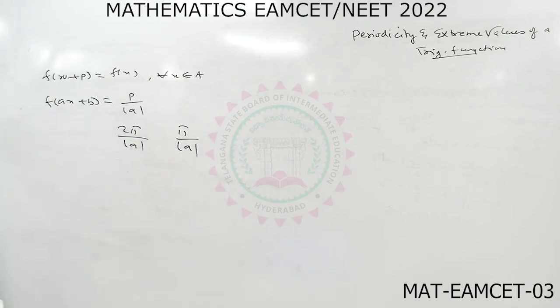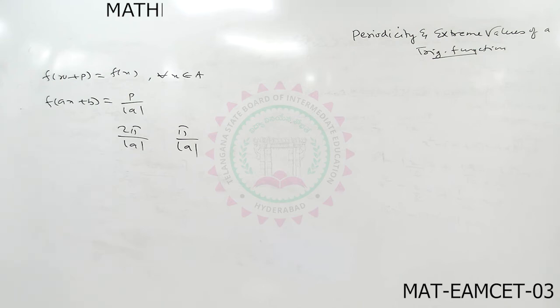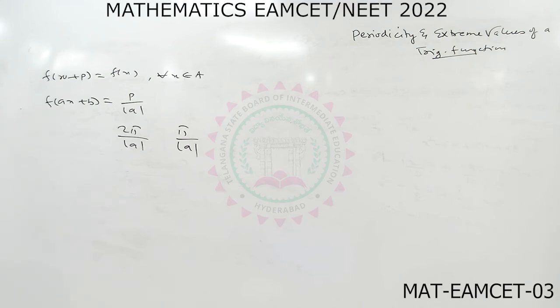Similarly, the period of sin ax plus b is also equal to 2 pi by mod a.